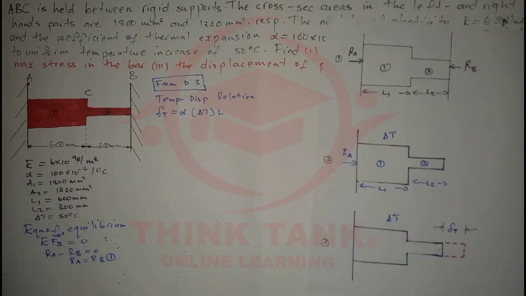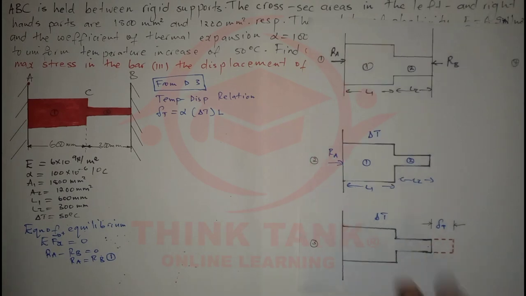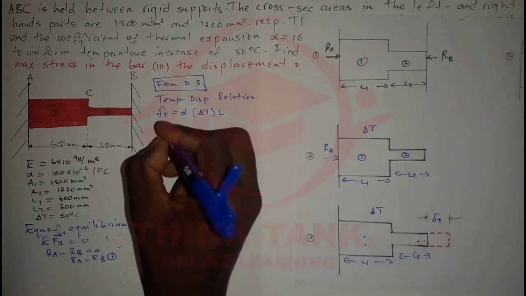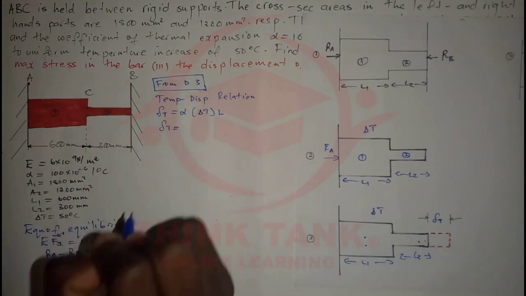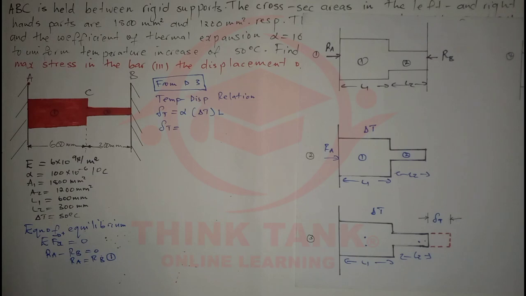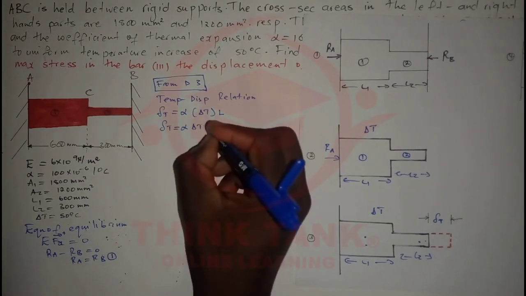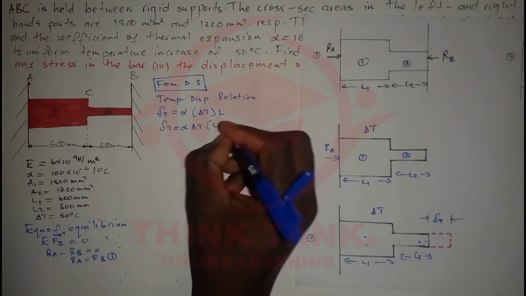That is what we know, meaning this bar is going to expand. Okay, so when it expands, what is its length? We know that we have L1 from here to here, and we have L2 from here to here. But we're applying the temperature on the whole bar. So that means the length is going to be the length of this portion plus the length of this portion. So the change of length due to temperature is going to be equal to alpha times change in temperature times L1 plus L2.